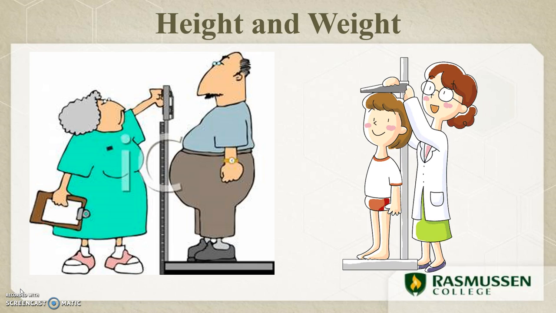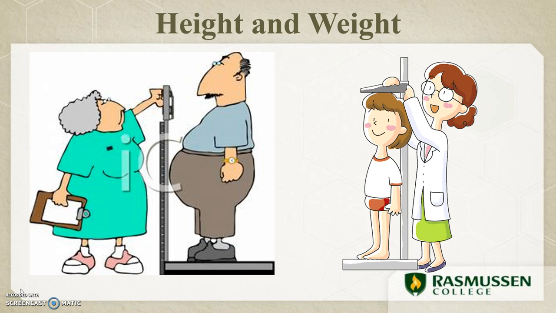Height is taken in order to get a true patient's measurement, so you want to do this again without any shoes on. Typically, again, why we do height and weight together, they'll already have those shoes off. You'll have the patient stand with their heels, buttocks, and back of their head touching the measuring stick or the wall.